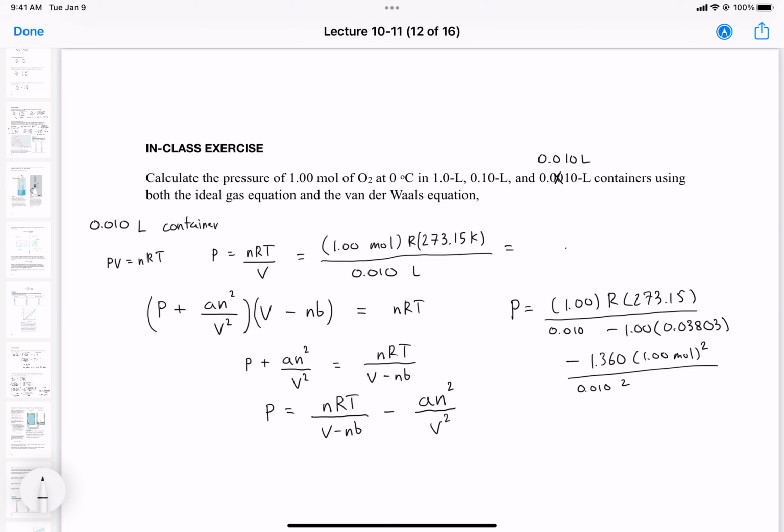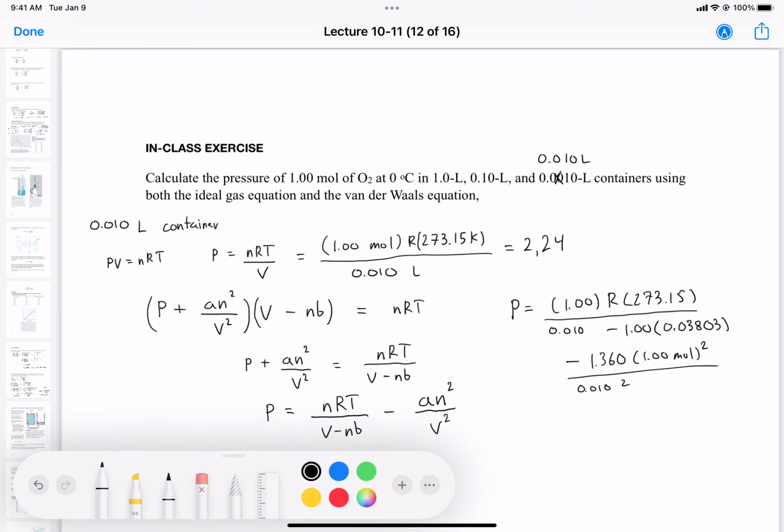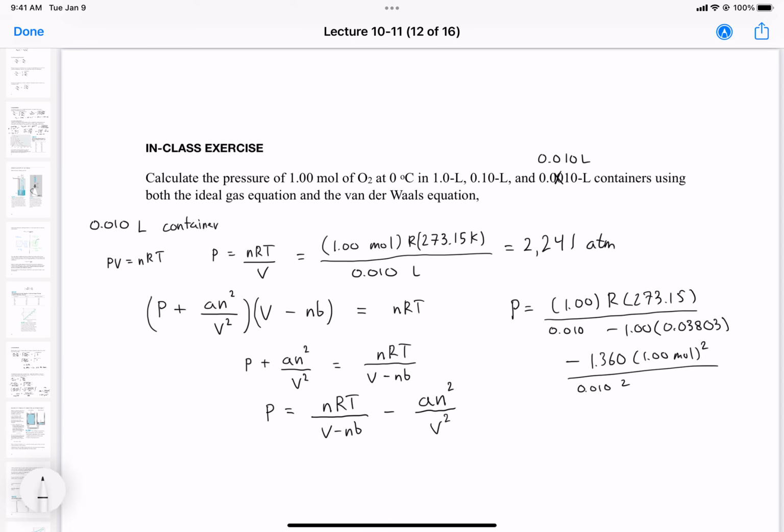Okay, so we have our numerator, and then we're going to divide by 0.010, which is just going to increase our pressure now by a factor of 10. So we get 2,241 atmospheres. So that's a big number. We could just round this to 2.2 times 10 to the third atmospheres. Okay, there we go.